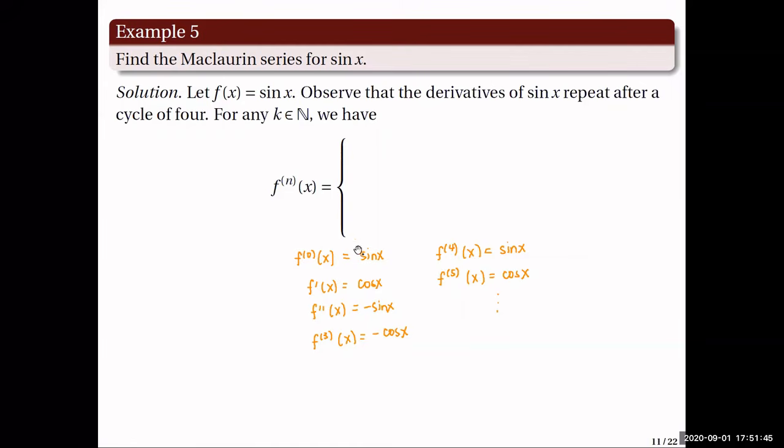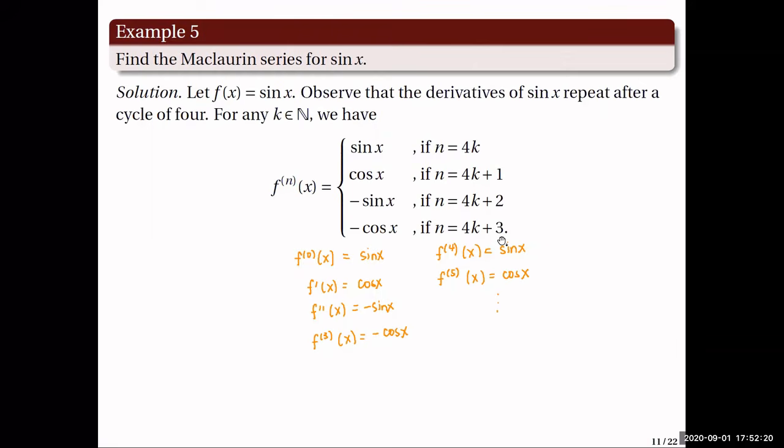Here we have sine x if n, which is the order of the derivative, has the form 4k or is a multiple of 4. Next, fn of x is equal to cosine x if the order of the derivative n is of the form 4k plus 1. And then we have negative sine x if n is of the form 4k plus 2.